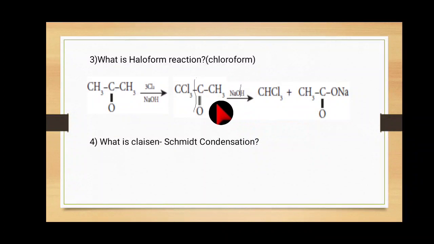The remaining C double bond O is bonded with ONa and with CH3. We get sodium acetate. We know acetic acid has the molecular formula CH3COOH; the H is replaced by sodium, so it is named sodium acetate. Chloroform is the major product, sodium acetate is the byproduct.